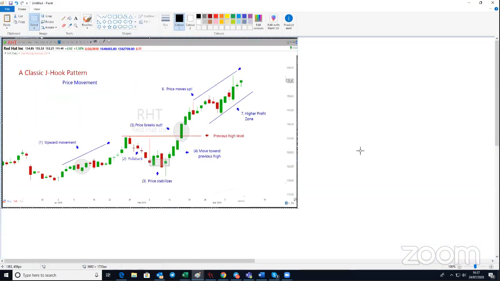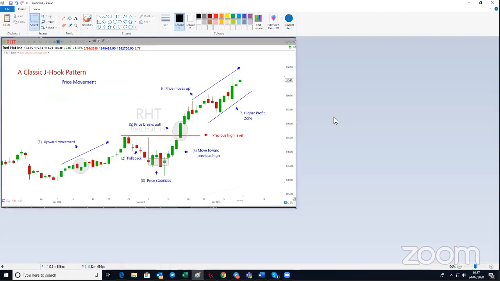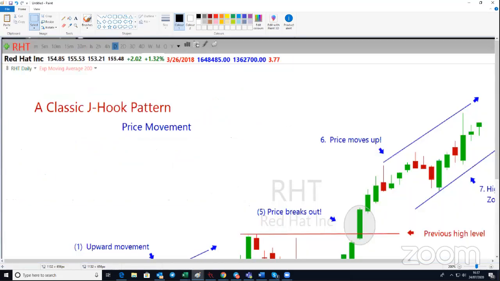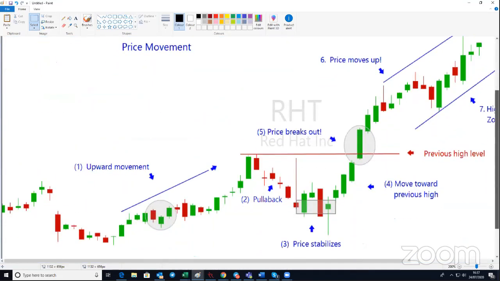There you go. Okay, so this is the J type movement. So we have got a J. So the J basically, okay, that's your J, right?